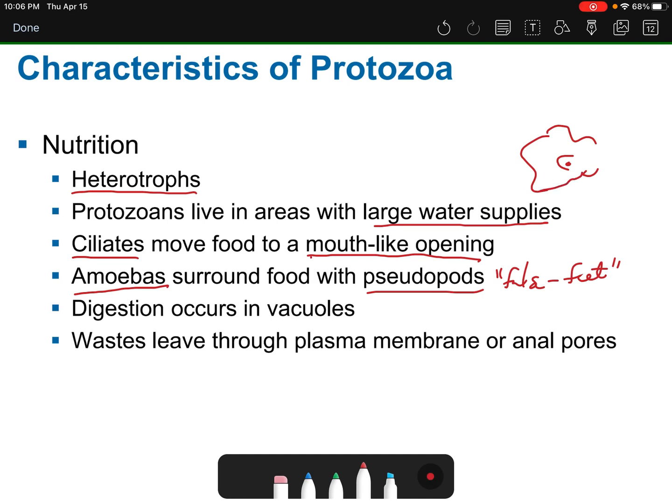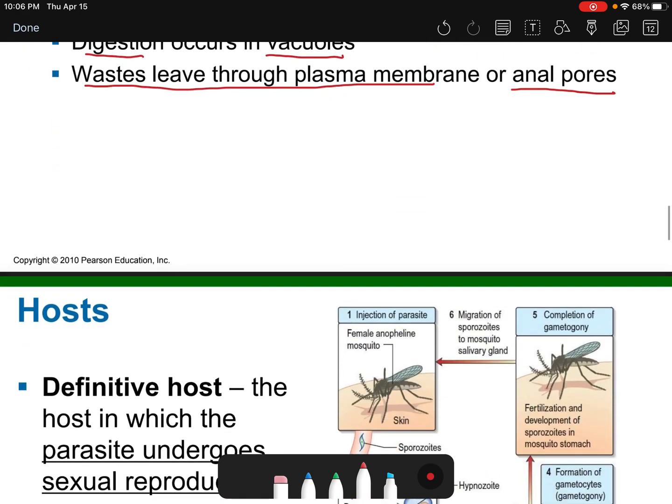It just keeps wrapping around, and pretty soon they've encapsulated and taken that food. Their digestion occurs in vacuoles that contain enzymes. And then the wastes leave through the plasma membrane. Some of the protozoans can have anal pores, like an opening to let their wastes out.